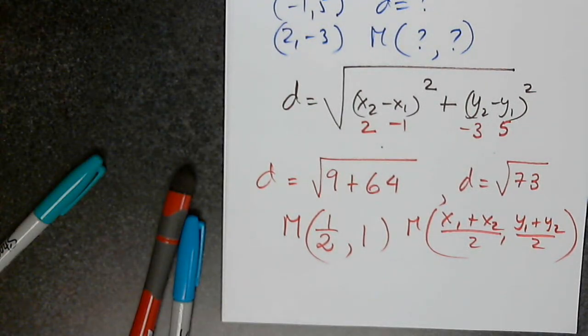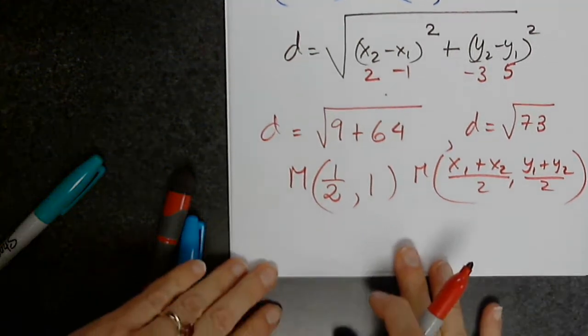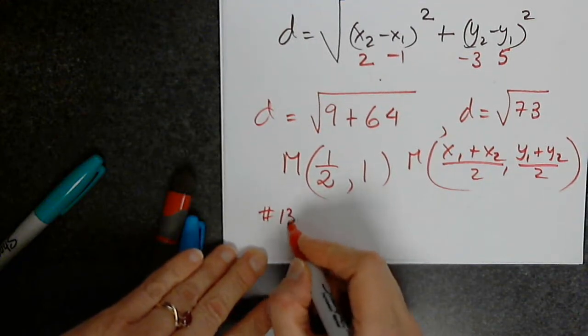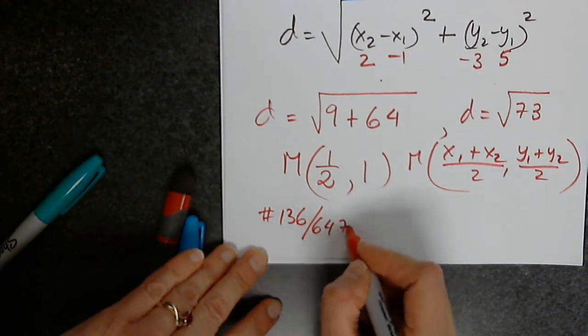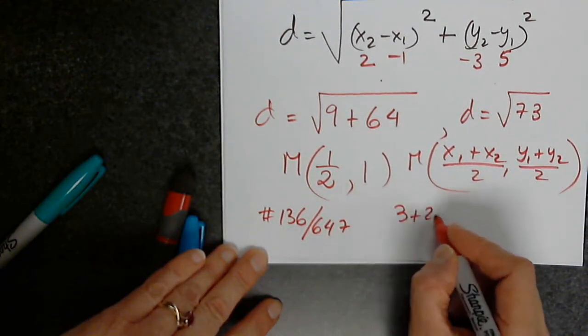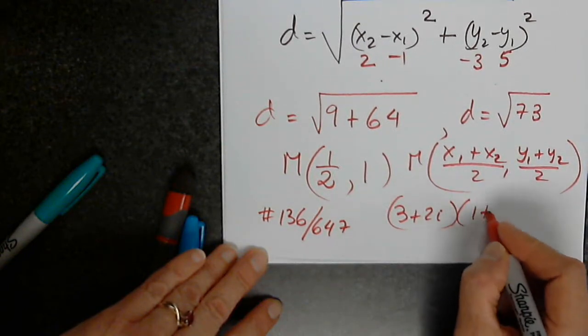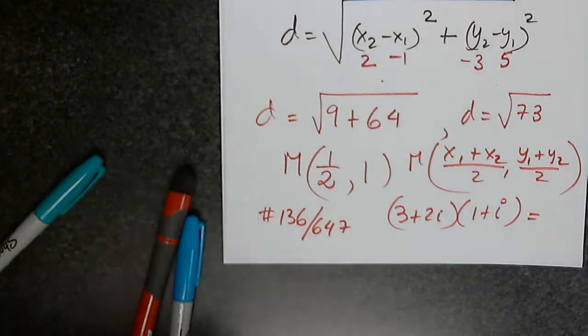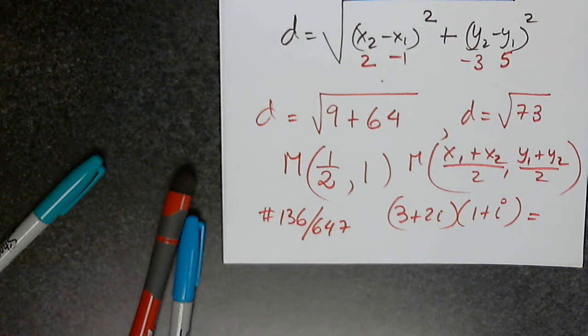Okay, let's look at multiplying two complex numbers. Problem 136 on page 647. 3 plus 2i times 1 plus i. Let's multiply these two.